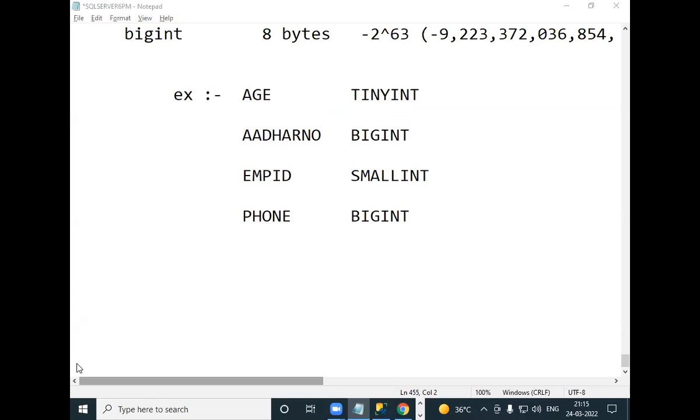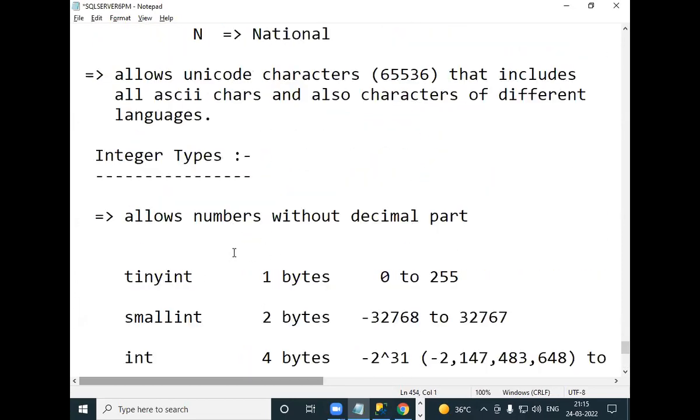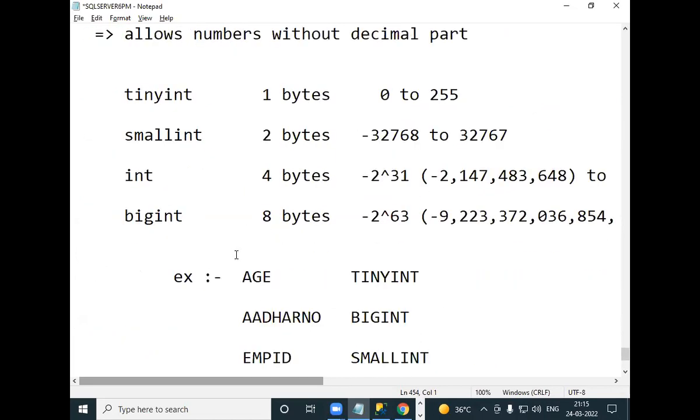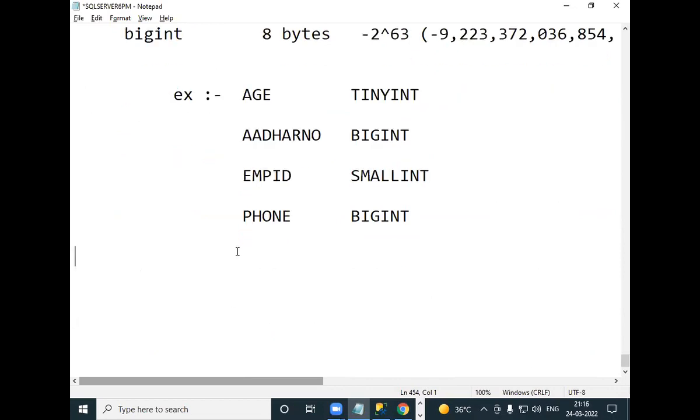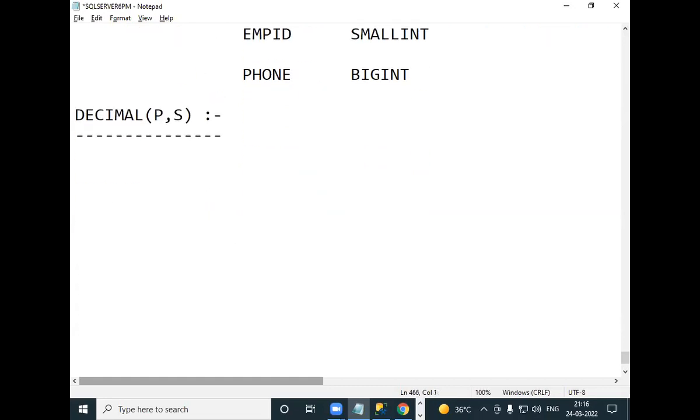Then next. All this allows numbers without decimal. But sometimes numbers contain decimal. If a number contains decimal, then use decimal p comma s. What does this allow? Numbers with a decimal part, fraction part.